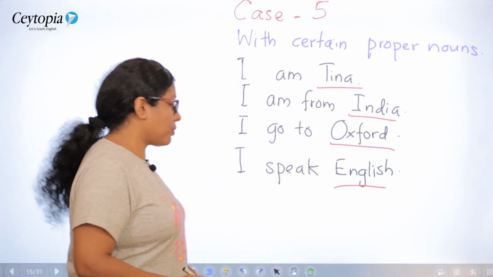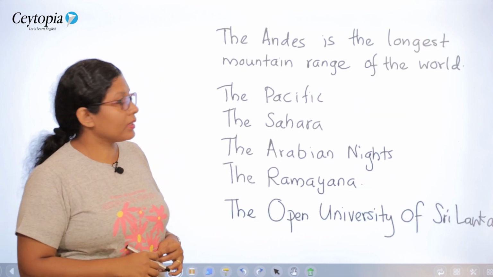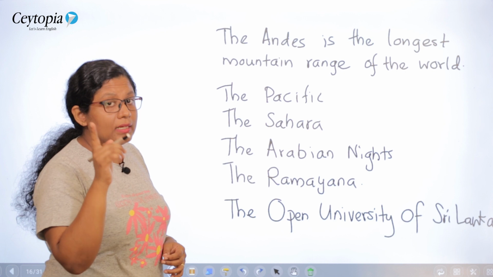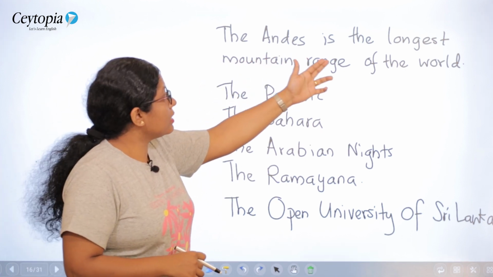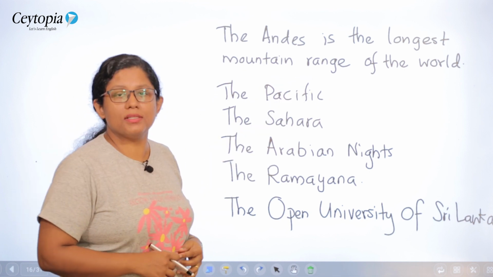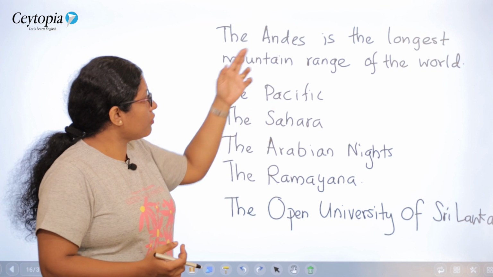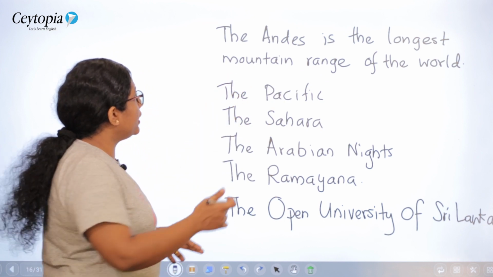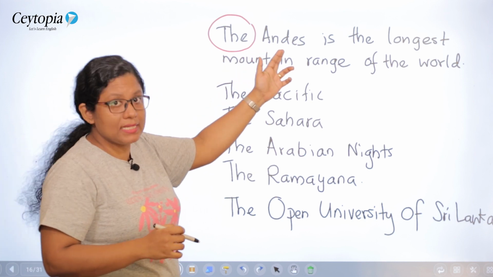But there are certain proper nouns where you use articles before them, particularly the definite article "the." The Andes is the longest mountain range of the world. Andes is the name of the mountain range. But of course, you need to use "the" before it, and you pronounce it "thee" because it is Andes.